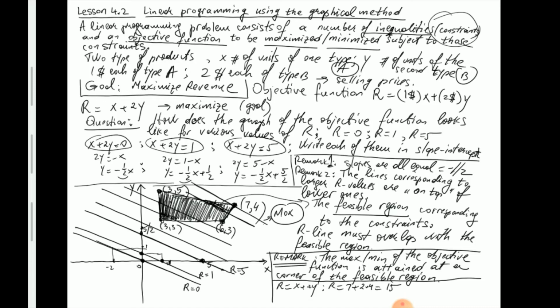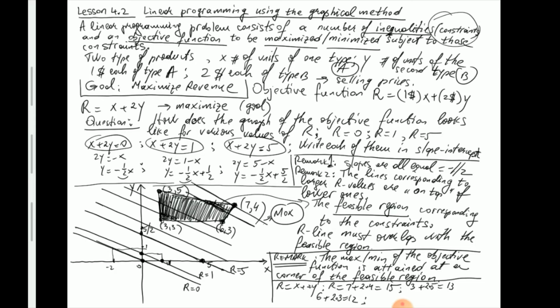And you'll notice that each corner you plug in, any other corner will give you a lower value. So for example, if I plug in the corner 3, 5, that's going to be 3 plus 2 times 5, that gives me 13, that's a lower value. If I plug in the corner 6, 3, that's 6 plus 2 times 3, that's 12, that's a lower value.